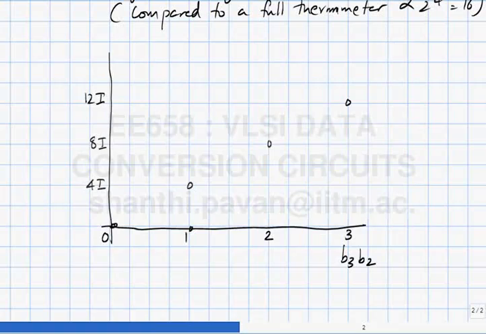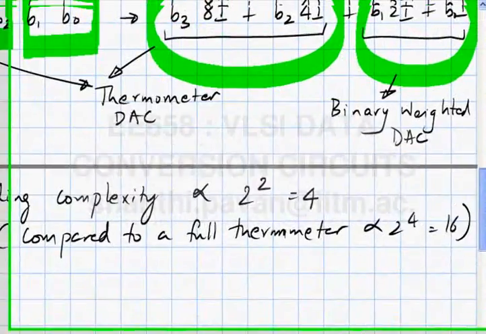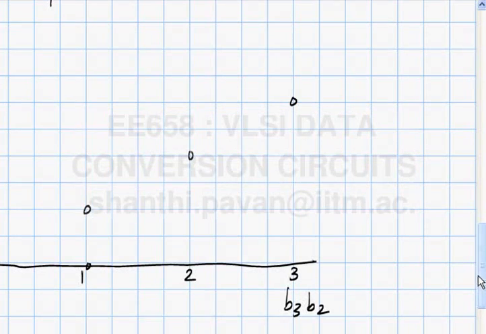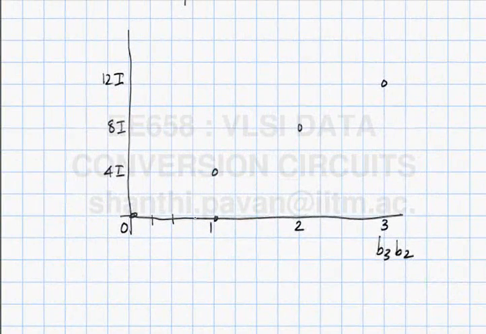And what about the small DAC, B1 and B0? I realize it using a binary weighted one, so I have only two current sources, one which is I and one which is 2I. Within these major steps, I need to divide each into 4 minor steps.